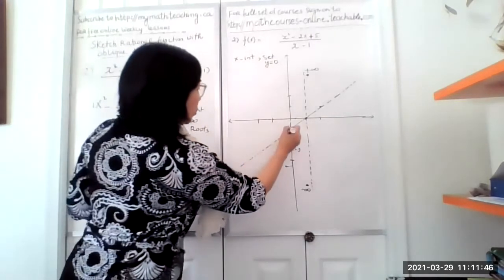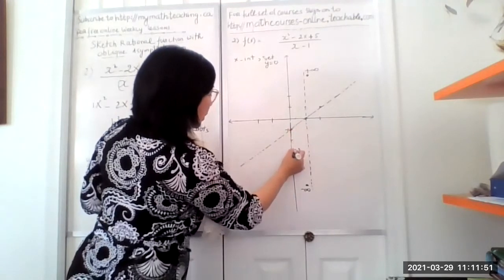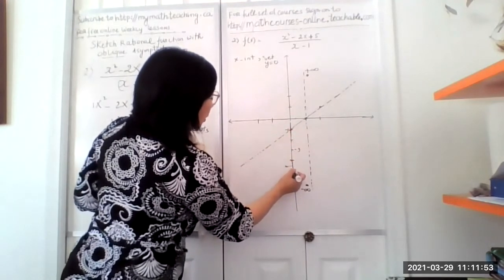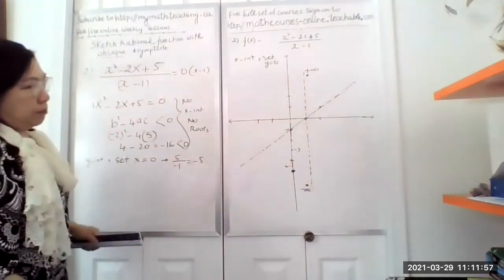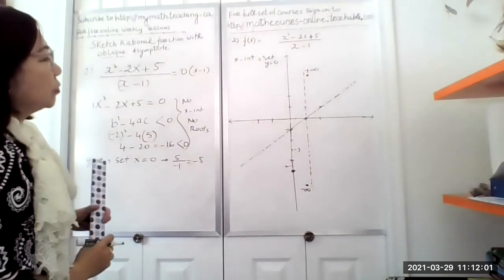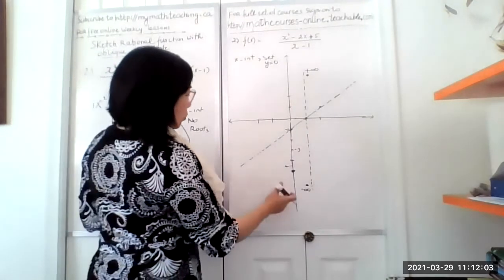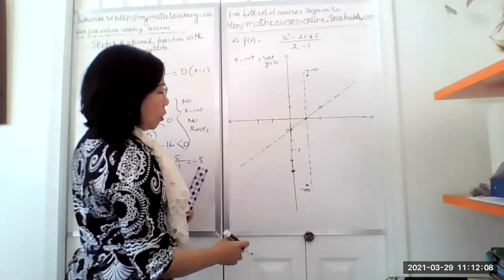Now we know our y-intercept will be minus 5. See, minus 1, minus 2, minus 3, minus 4, minus 5 is here. So this is our y-intercept. By inspection, we already can sketch this function, except we want to be more accurate.